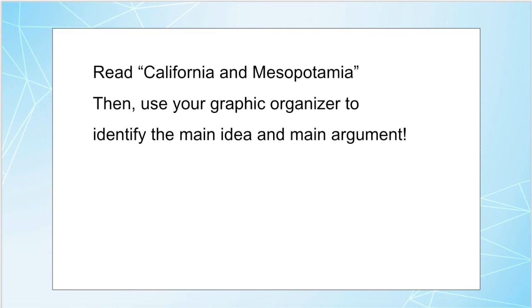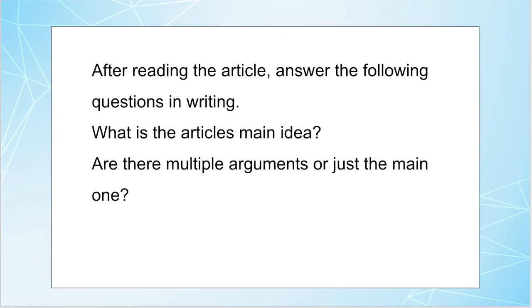In particular, you should identify the article's main idea or main argument. Okay, what is the article's main idea? Are there multiple arguments made or just the main one? And what evidence does the author use to support their argument? Take a minute now to look at the article and answer the above questions in writing.